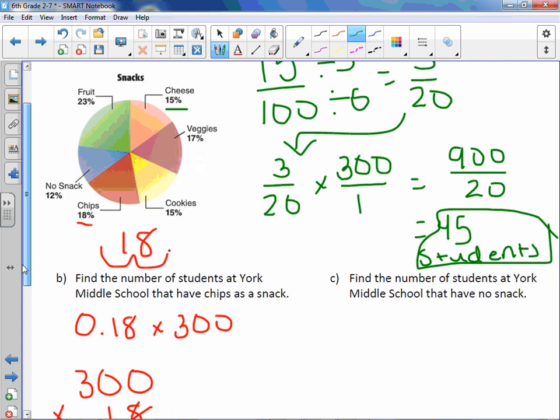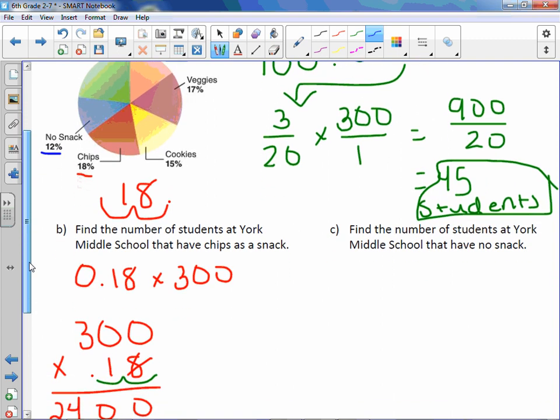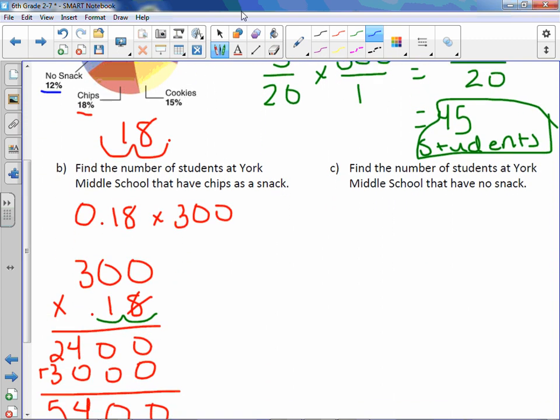Letter C. Find the number of students at York Middle School that have no snack. So we have 12% without a snack. I'm going to go back to the fraction method so you can see that again. We have 12%, which is out of 100.